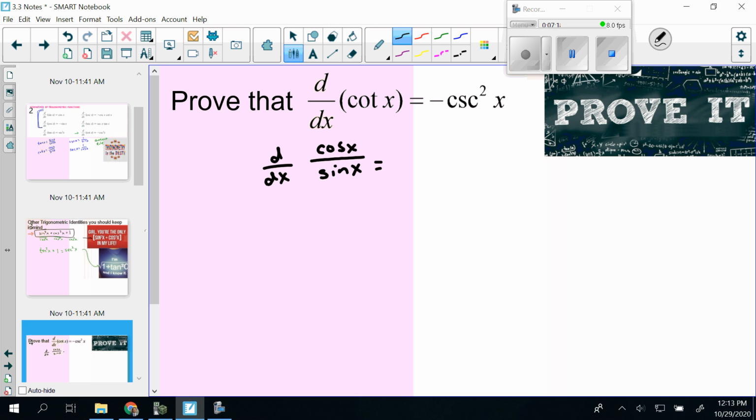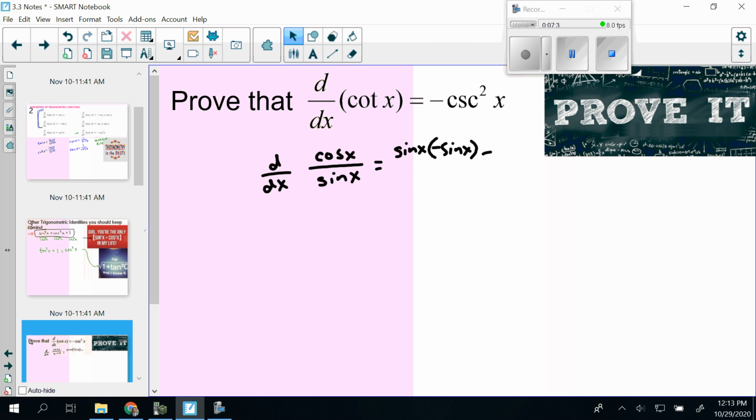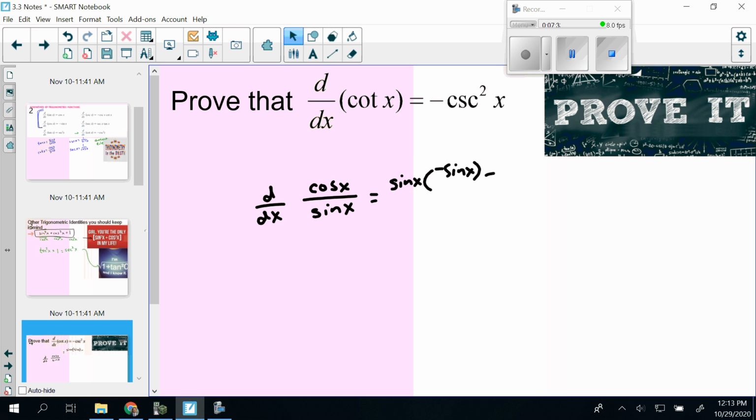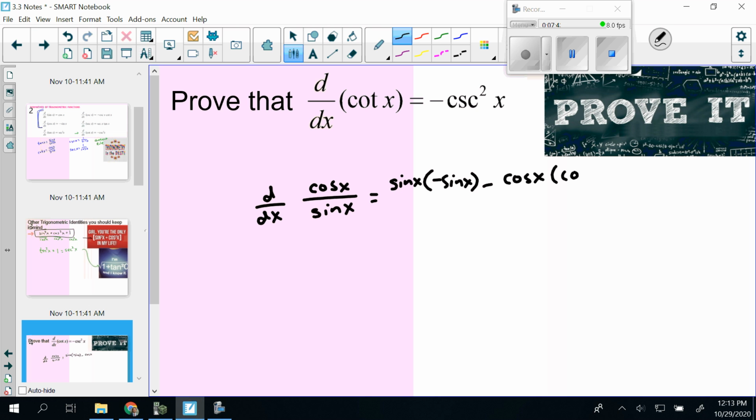Quotient rule is low, so sine x, d high, derivative of the high, the derivative of cosine we had was negative sine, minus high, so that would be our cosine, d low, derivative of the low, the derivative of sine is cosine, all over low squared, so all over sine squared.